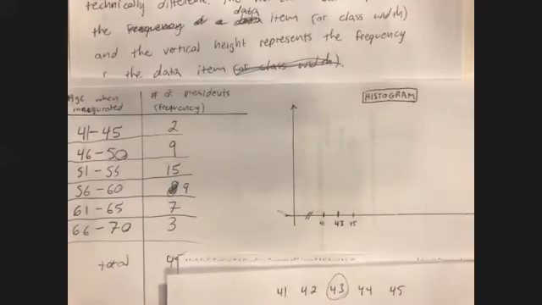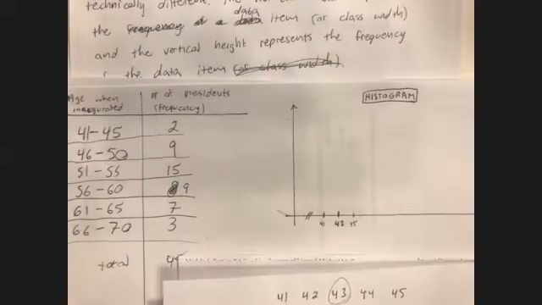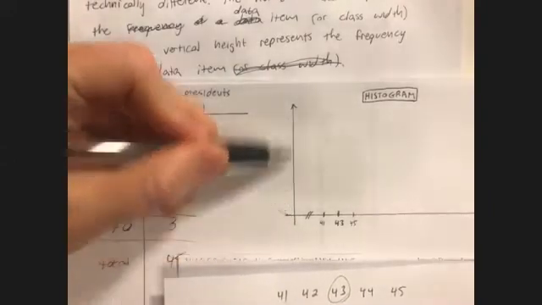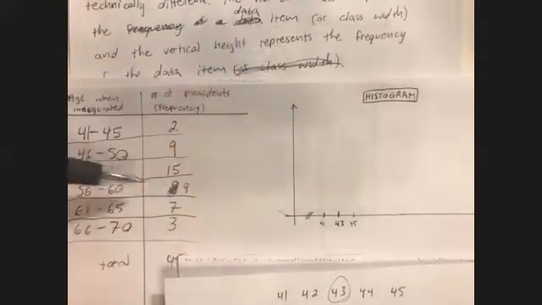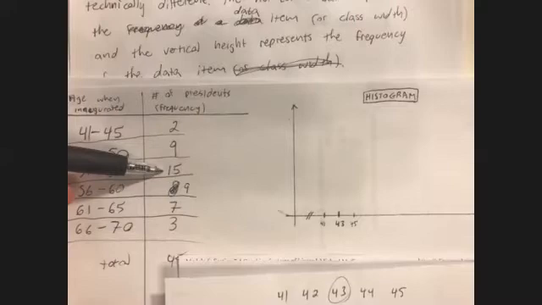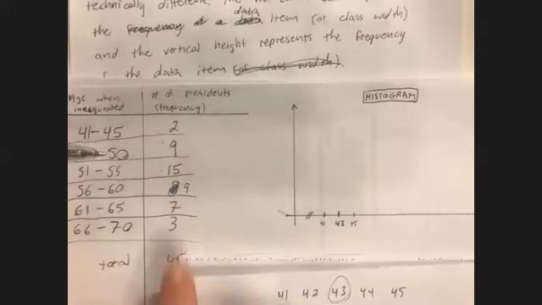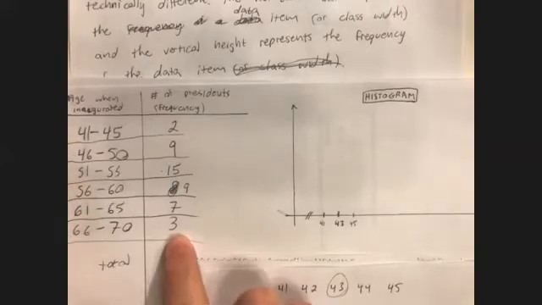Now, I haven't touched on the vertical distance yet. I can do 1, 2, 3, 4, 5, 6, up to 15, because that's my max. I could separate this into 5s or 2s. I think I'm going to separate this into 3s, I guess.